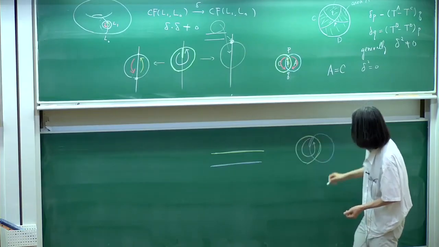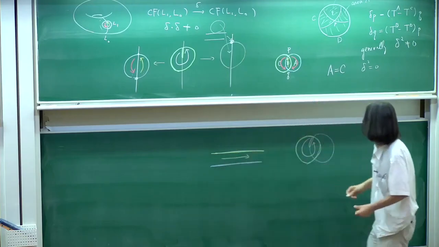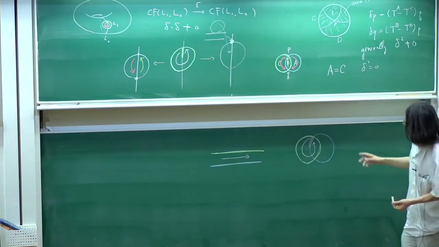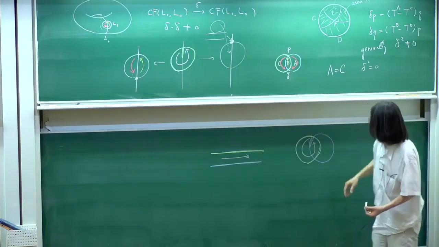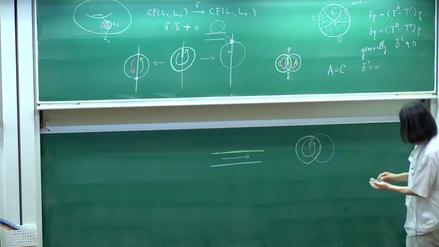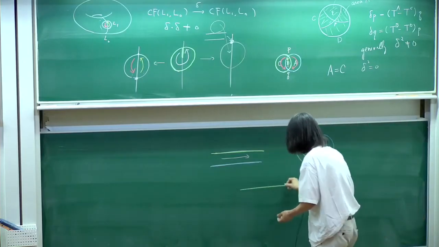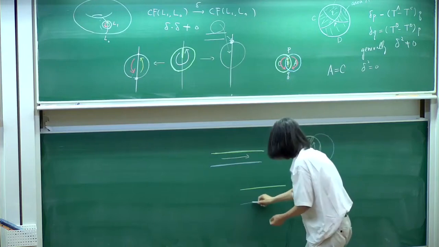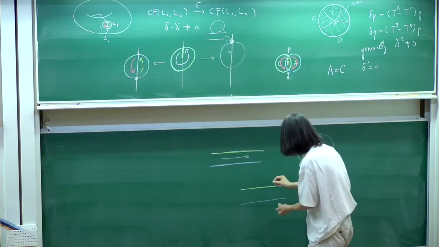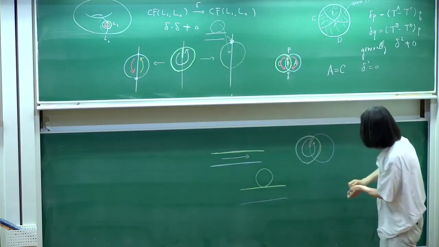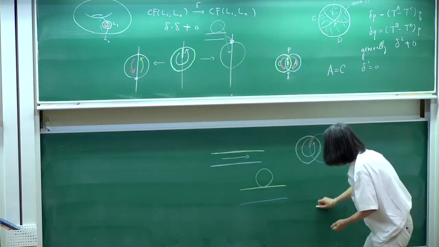Okay? So this sort of holomorphic disk. And then one boundary is certainly this, but the other boundary is the following. So the other boundary is somehow this and this, and here you have this, and then I have this green one.